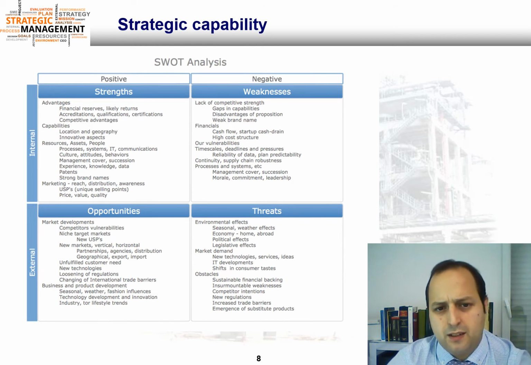This is a generic SWOT, and of course, then you have to adapt it depending on the concrete sector, the concrete industry, and the concrete company.